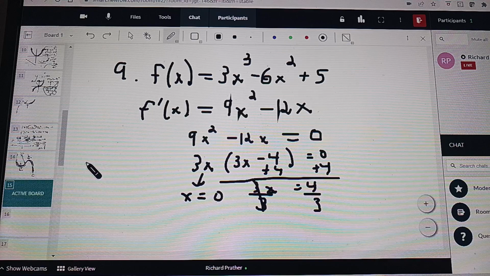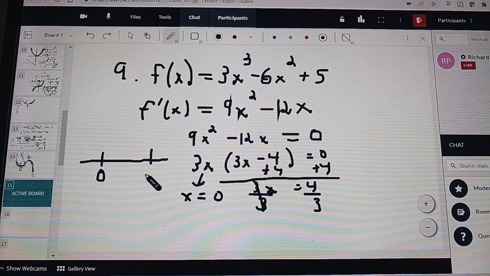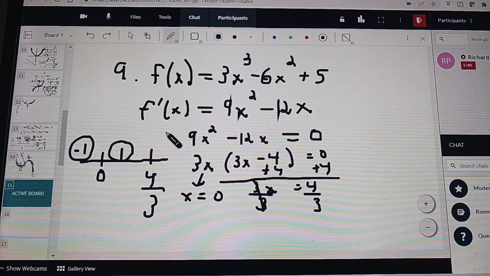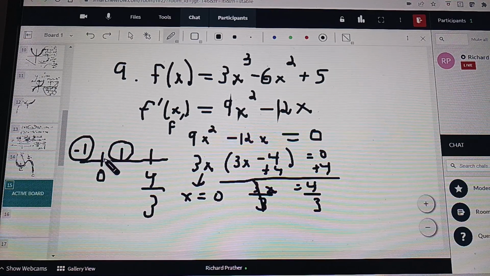You can put 0 and 4/3 on a number line, and then you could check -1 and +1. If -1 has a different plus or minus than +1 does in the first derivative, if it's positive first, negative second, or vice versa, then you know that there's a local min or max there, but you need to check both to know that. You'd have to calculate both f prime of -1 and f prime of 1.